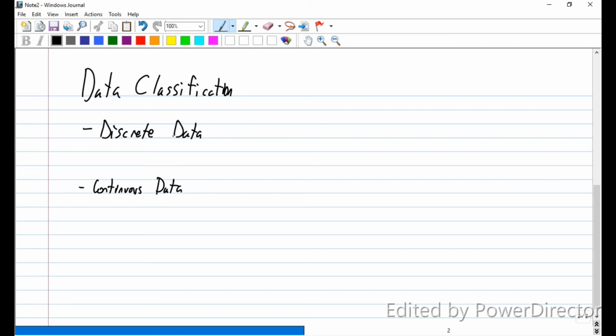I would never come inside with 3.5 eggs. Maybe I'd come in with 3 eggs one day, 5 eggs the next day. That type of data is discrete data. It is countable. There are gaps. One day I may come in with 2 eggs, the next day 6 eggs. There are gaps between my answers.